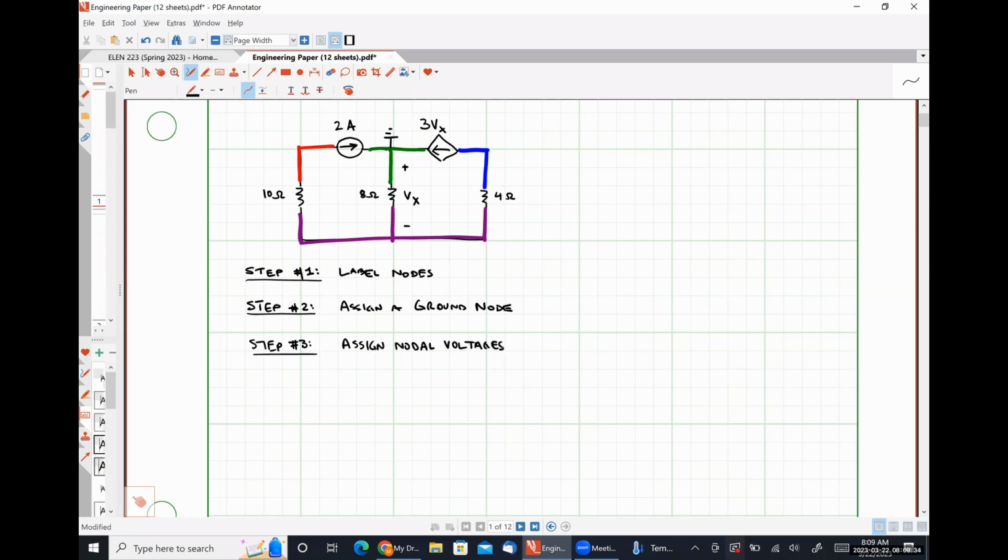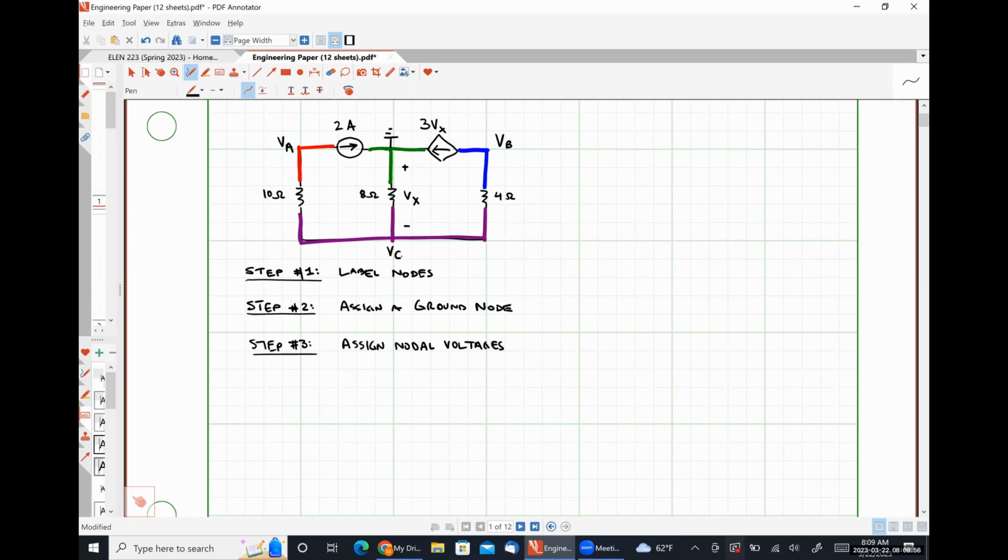So what I mean by that is every node that isn't the reference node is going to get assigned a nodal voltage. So I'm just going to put a nodal voltage here, VA, a nodal voltage here, VB, and a nodal voltage here, VC. So each of my nodes has some voltage associated with it.